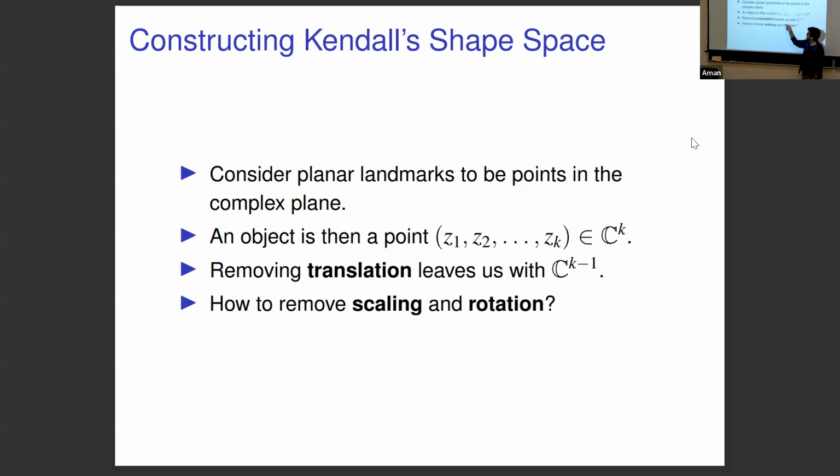And then we remove translation from these points. The way we remove translation is that we subtract the mean, the centroid of the shape, from each of the points independently, right? So for example, let's say you have Z1, Z2, Z3, and what we do first is find the centroid Z star.